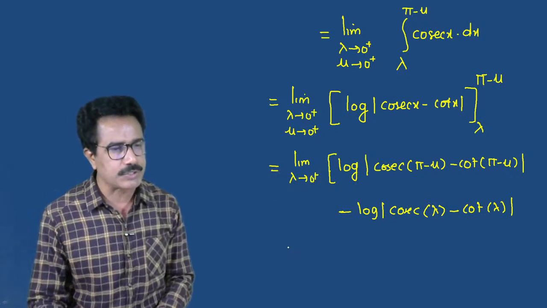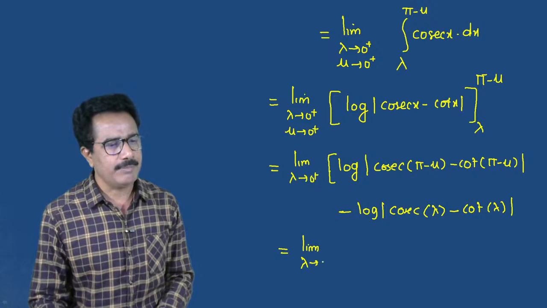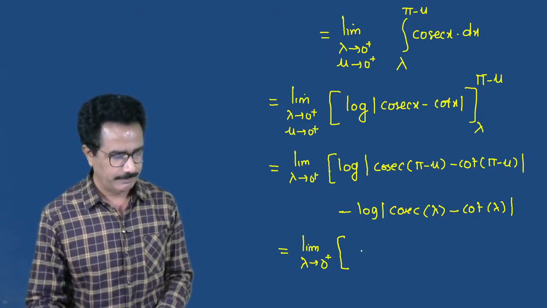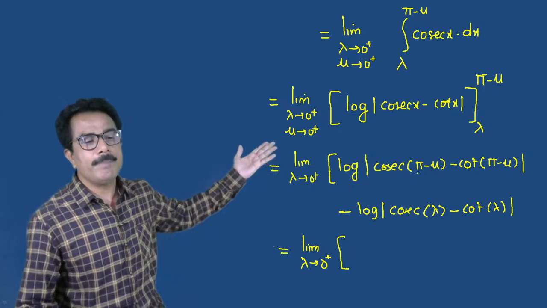Then we get the solution, limit lambda tends to 0 positive. Now put the value of mu.